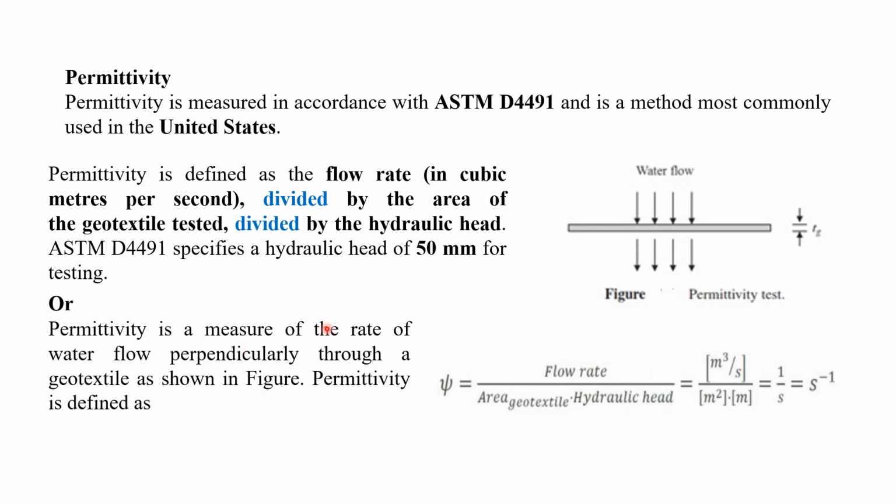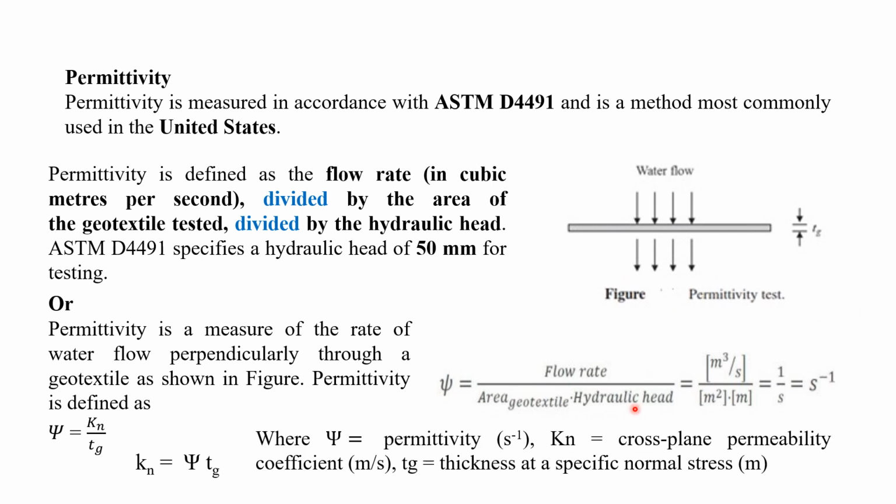Permittivity is the measure of the rate of water flow perpendicularly through a geotextile as shown in the figure. It is denoted by psi, flow rate divided by the area of the geotextile multiplied by hydraulic head. So finally the unit will be per second, right? Psi denotes permittivity, and Kn is the cross plane permeability coefficient.